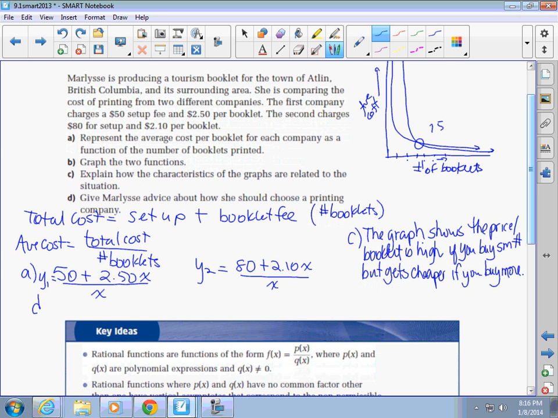So D, I'll put it here. If you want more than 75 books, number 2 is cheaper.